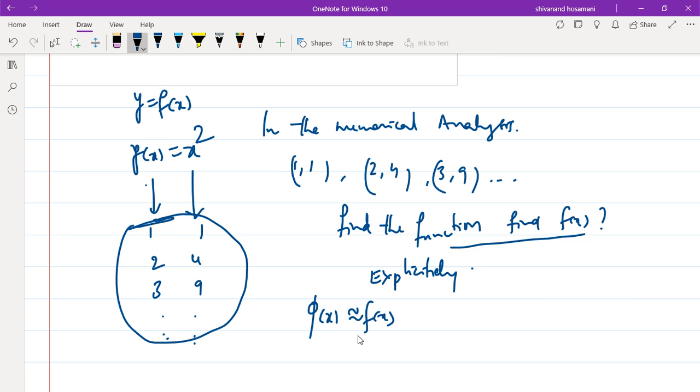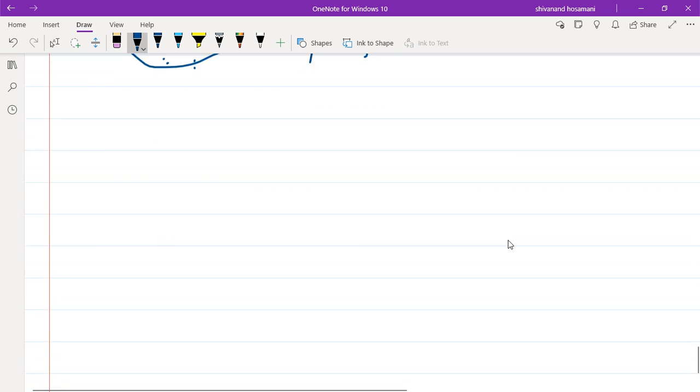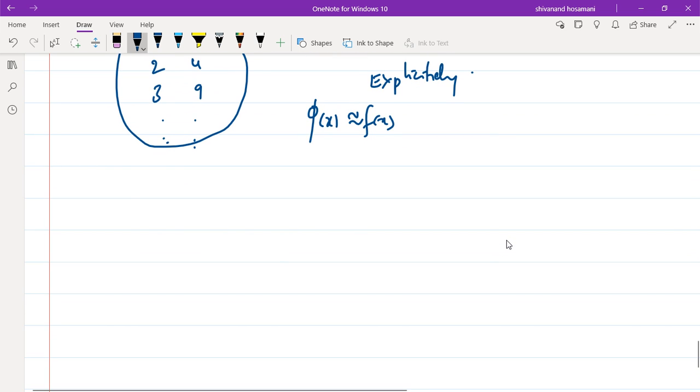That is the basic idea of numerical analysis. So we have the x values and their y values, and we need to find out the function explicitly. As of now we have seen the forward difference operator.